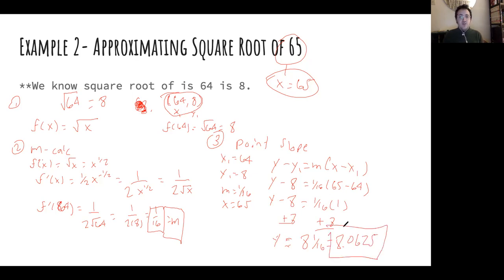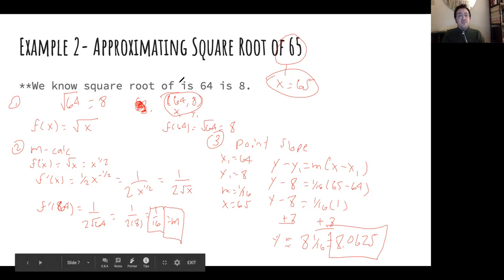So I'd like you to hold that in the back of your mind. And the actual square root of 65 on my calculator, wait for it. So the approximation that we got was 8.0625.